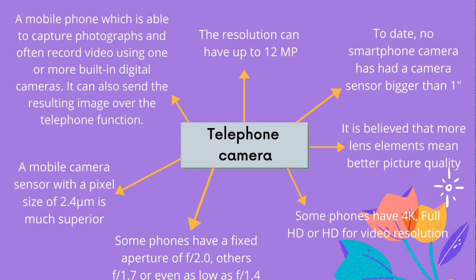Some phones have a fixed aperture of f/2.0, others f/1.7, or even as low as f/1.4. And then a mobile camera sensor with a pixel size of 2.4 is much superior. So these are examples of telephone cameras.